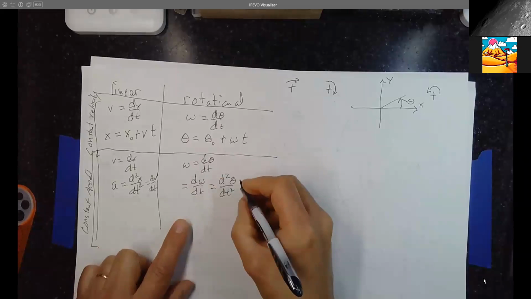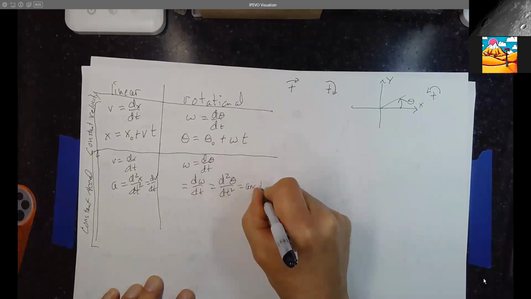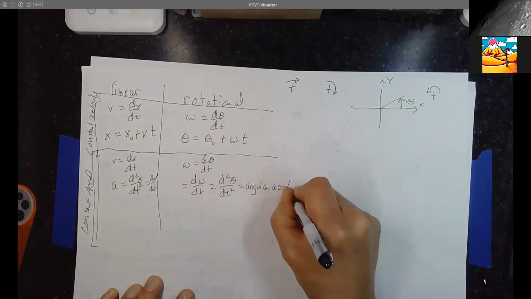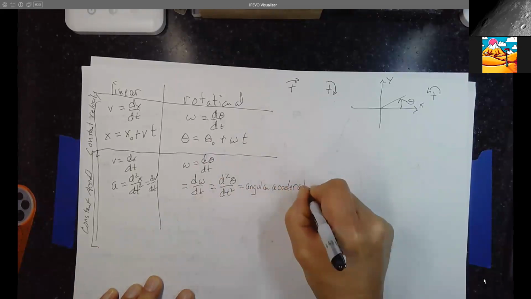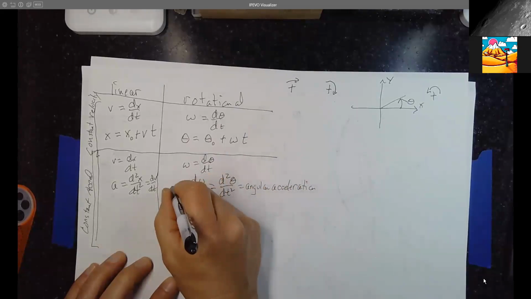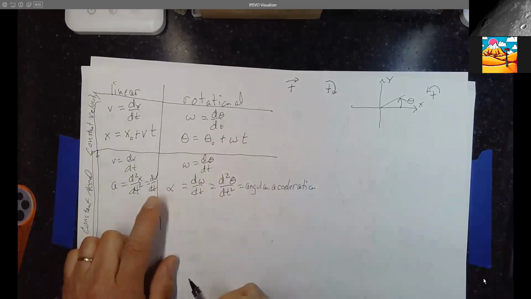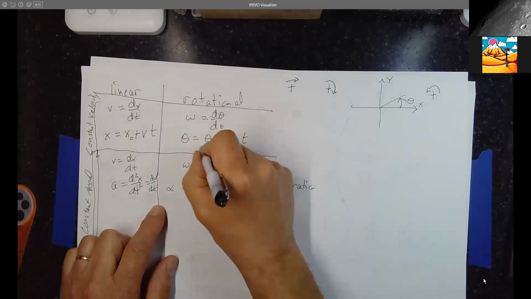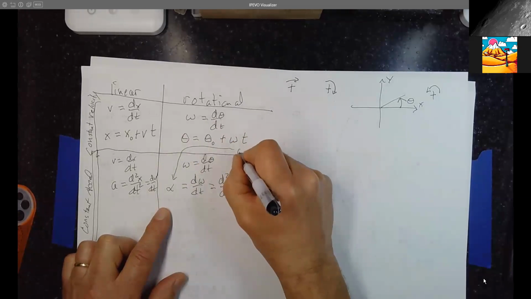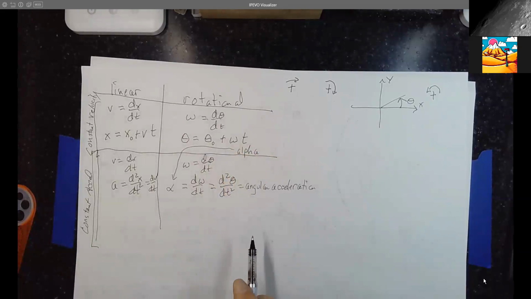And this will be angular acceleration. For angular acceleration, we use the Greek letter alpha, and that's my version of alpha. You can get as fancy with it as you want to, but that's good enough for me. That's our symbol for angular acceleration.